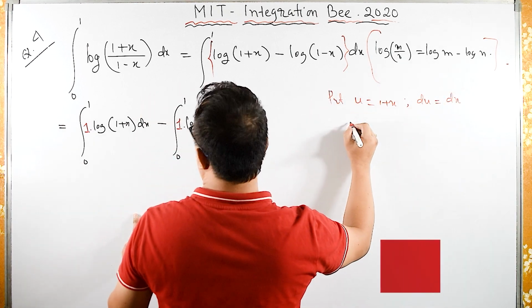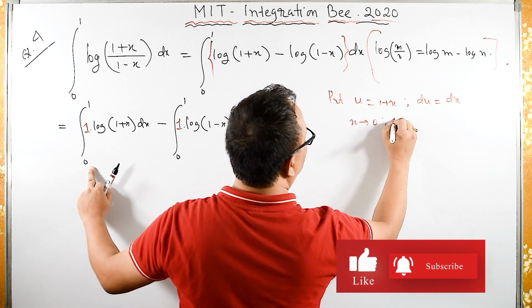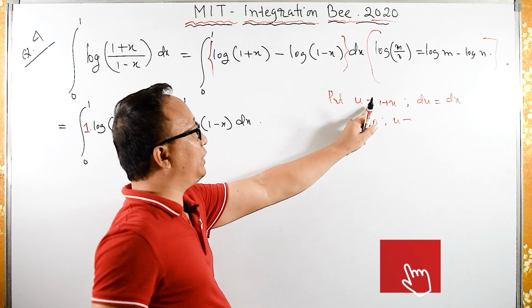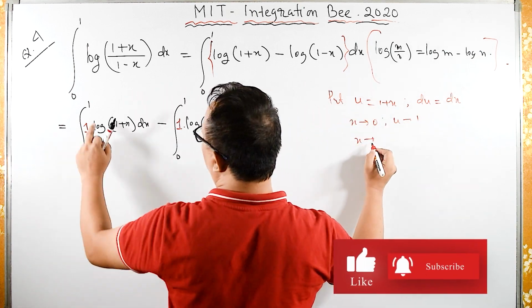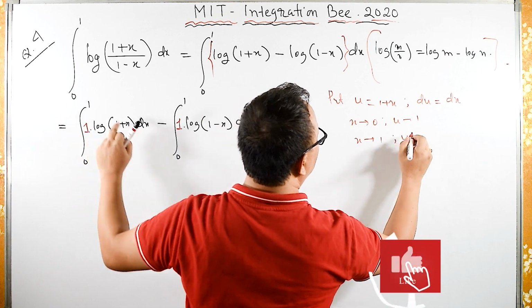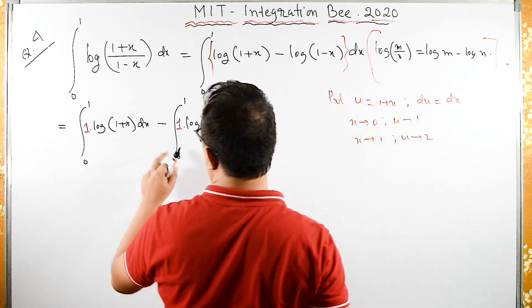What about limits? When x tends to 0, u becomes 1. When x tends to 1, 1 plus 1 is 2, so u tends to 2. That is for the first one.